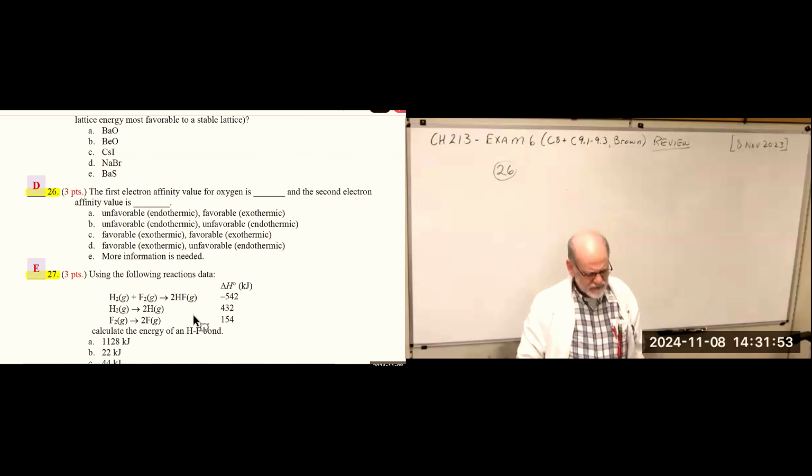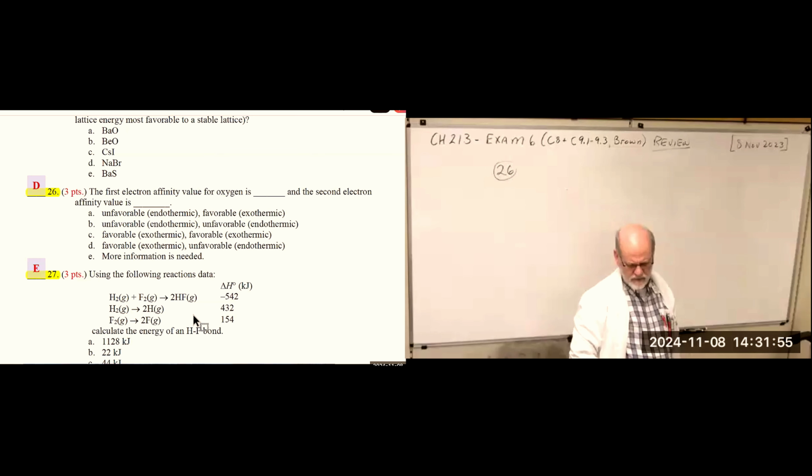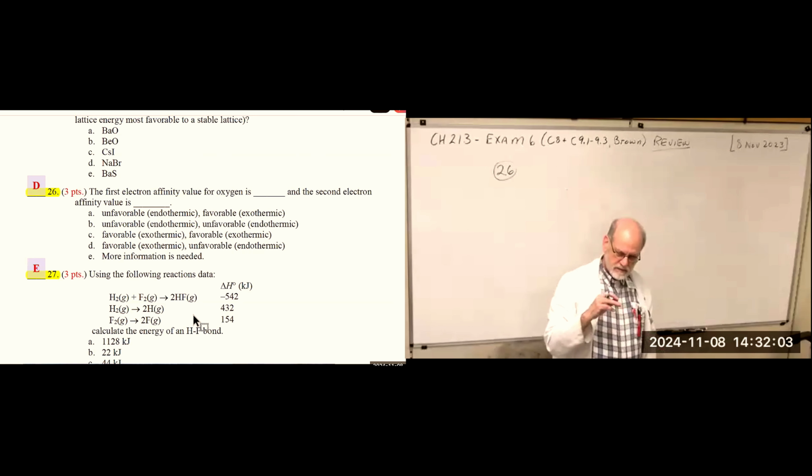The first electron affinity value for oxygen is blank, and the second affinity value is blank: unfavorable versus favorable. Favorable is implied from exothermic.